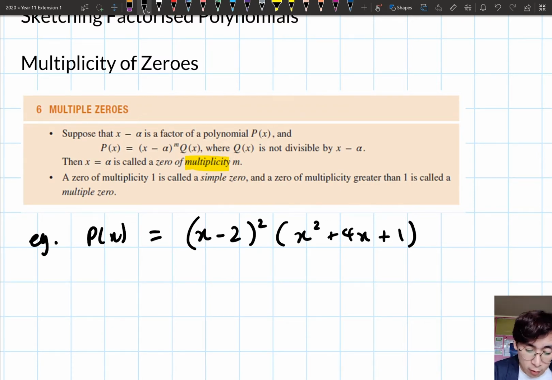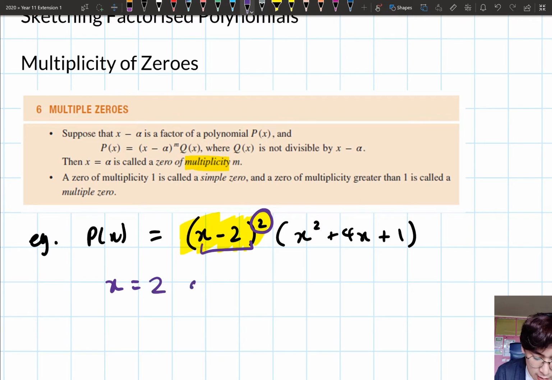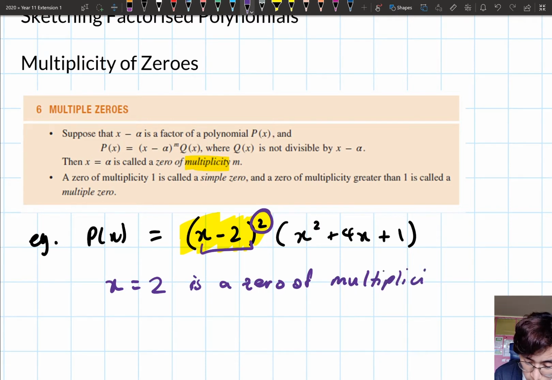If you have a look at this first bracket, that power tells me that x is equal to 2 is a zero of multiplicity 2. The power of that linear factor tells me what multiplicity it has. So the multiplicity is just what power each factor has.